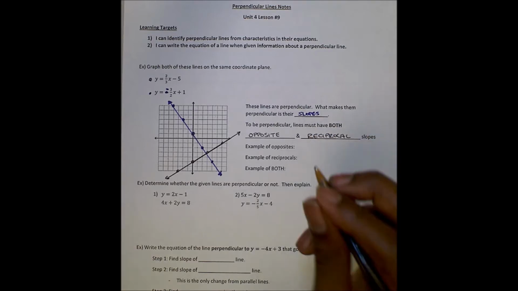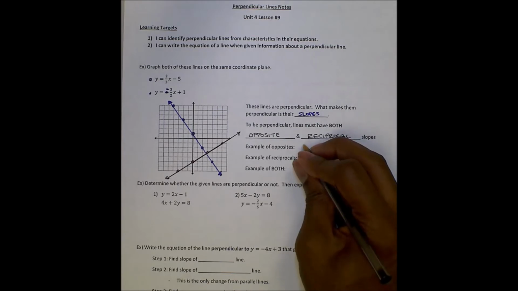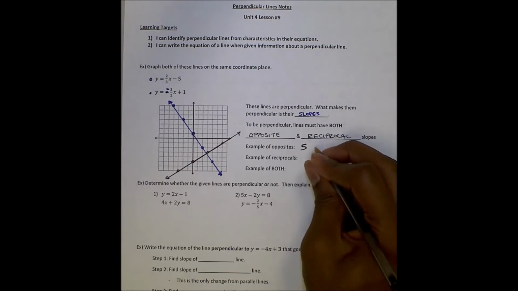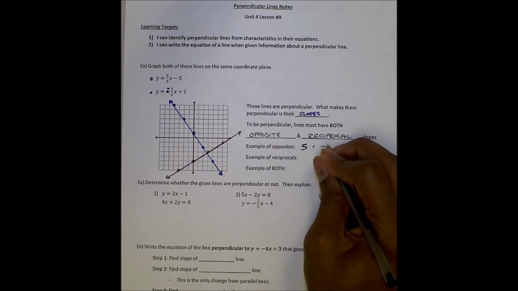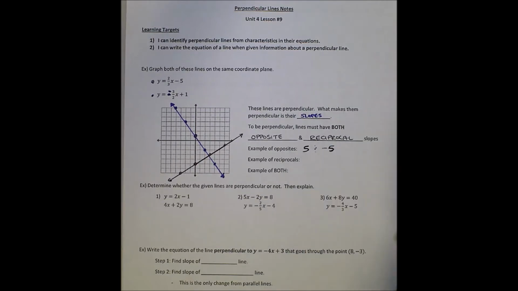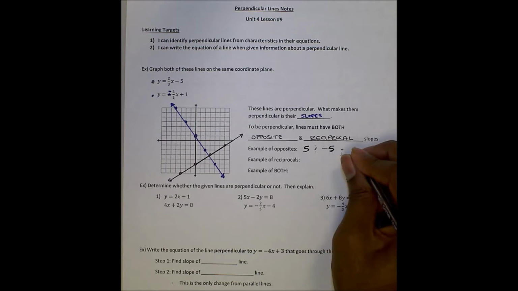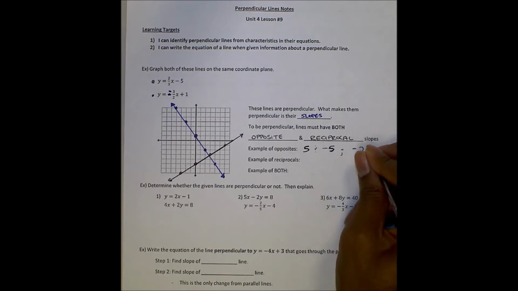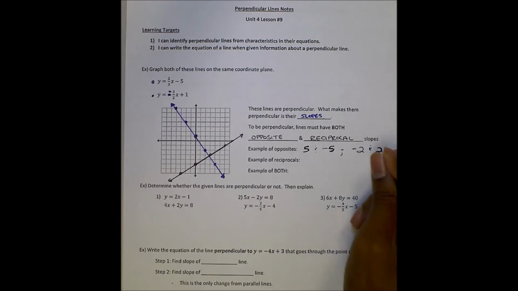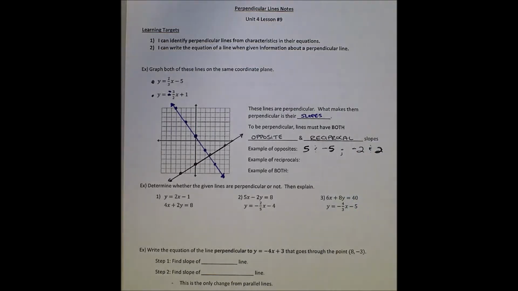So opposites, that would be like 5 and -5. Opposites means it's the same number, but one's negative and one's positive. Or let's say we started off with -2, its opposite would be 2. Okay, so opposite, one's positive, one's negative.